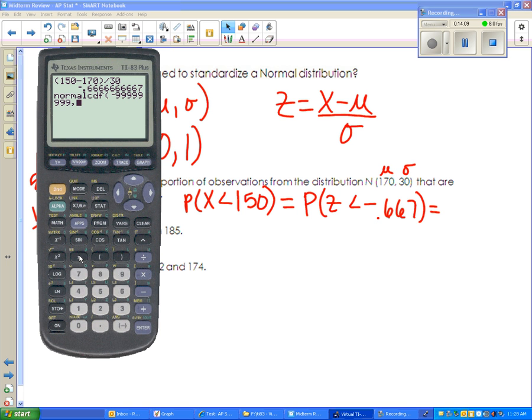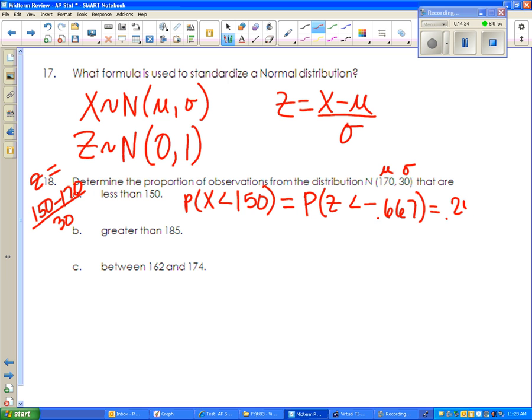To maintain all those decimal places, I hit second answer, and it recalls my previous answer. The probability ends up being 0.2525. I would encourage you to round to 4 decimal places, although I think 3 are required.